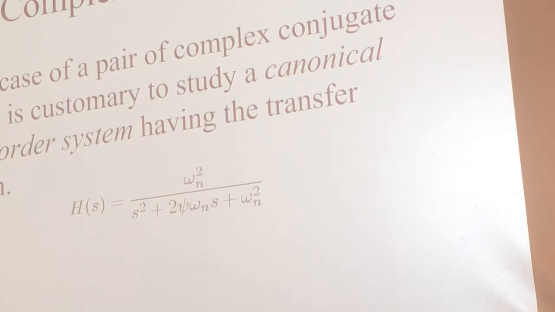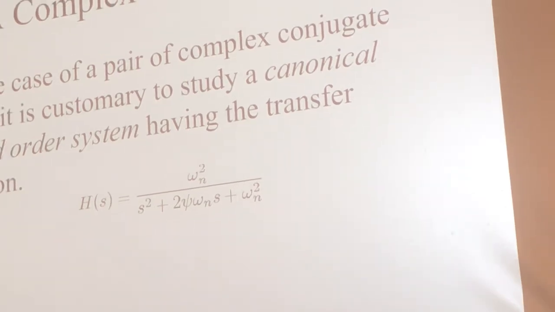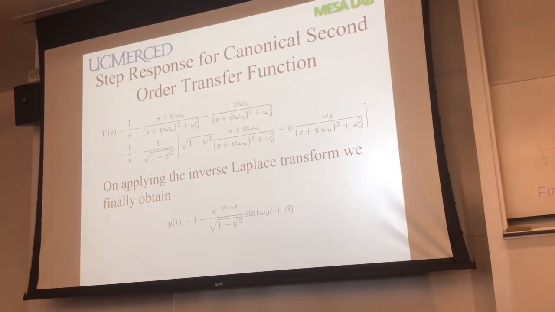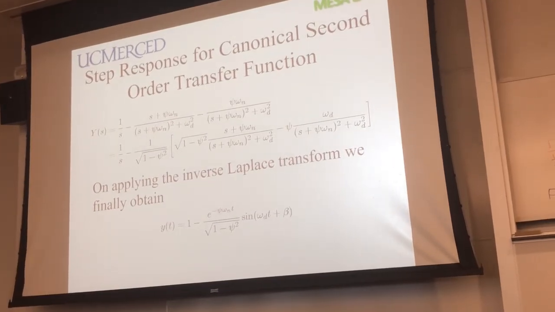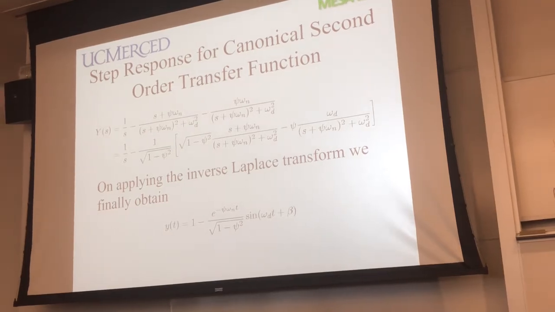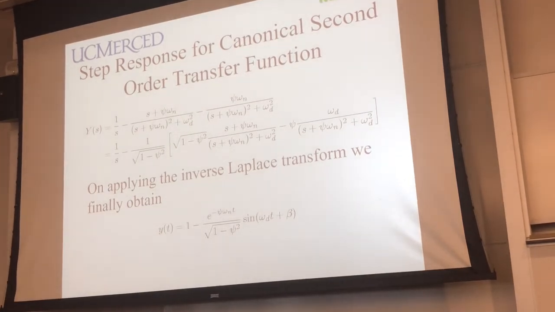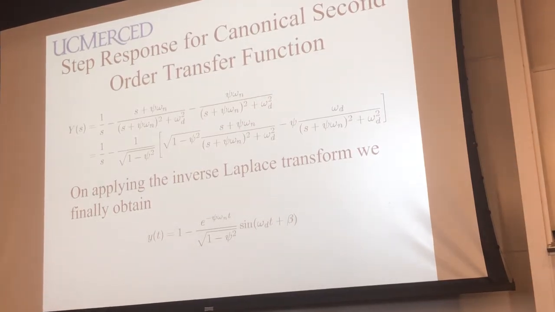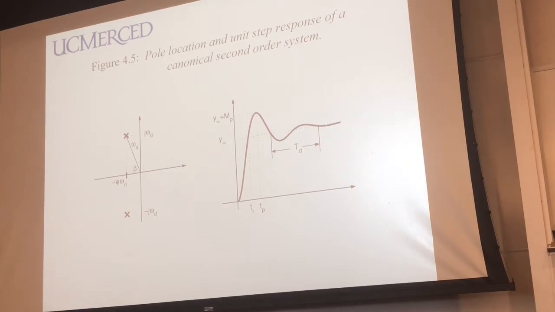That's why it's called canonic. Then because of that, if you have a step, you will be able to write it in analytical format like that. So in the end, you can write y of t like this, depending on where your poles are located.